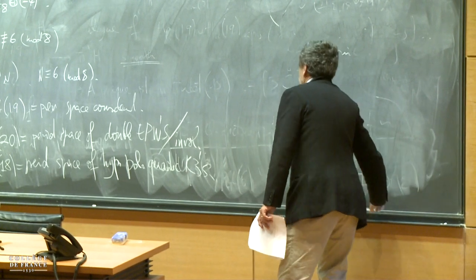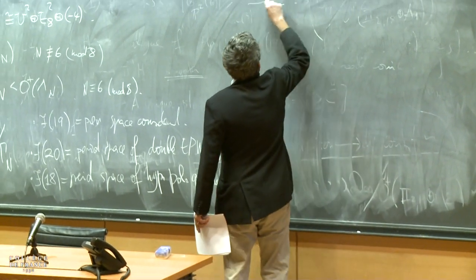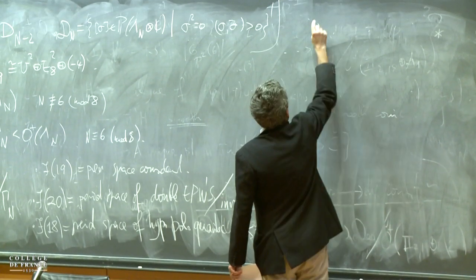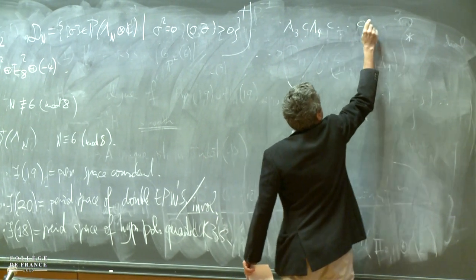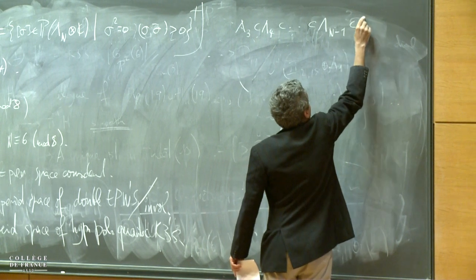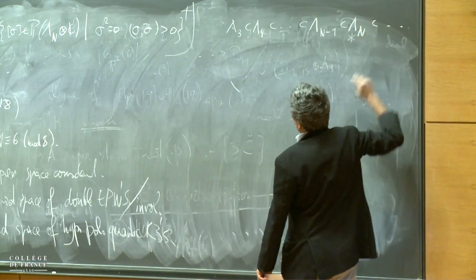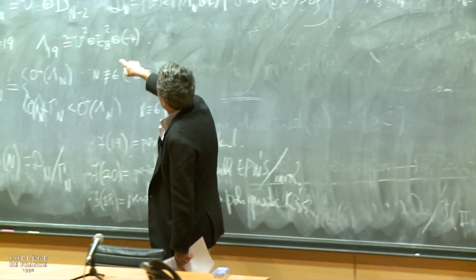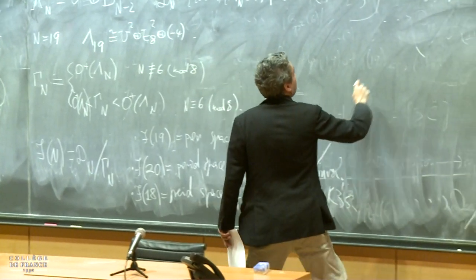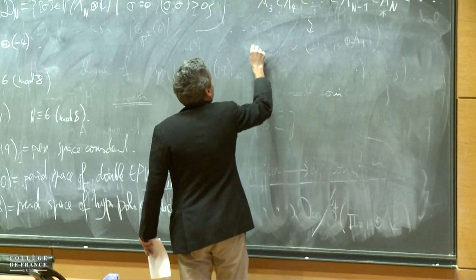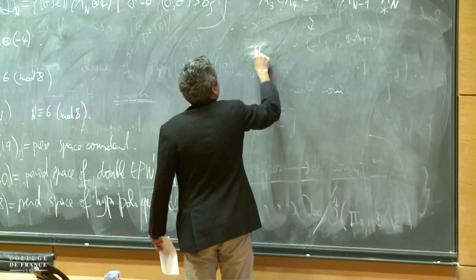Okay, and now what happens is that we have an inclusion. If we look at these lattices, we have an obvious inclusion like that, because D_{n-2} has an obvious inclusion in D_{n-1}, and so on and so on. So that gives us F of 3.